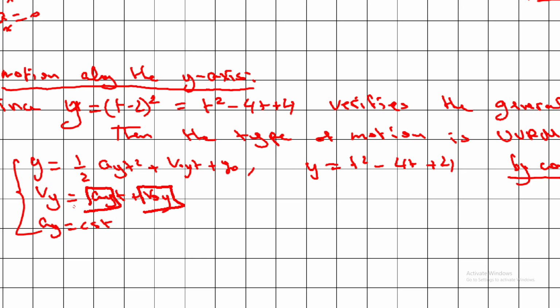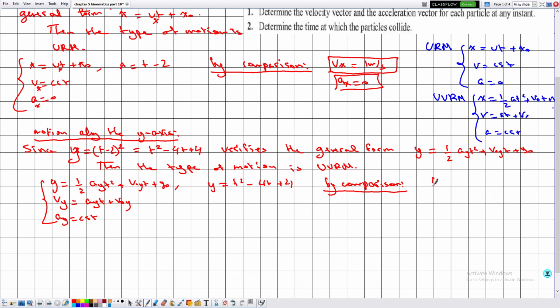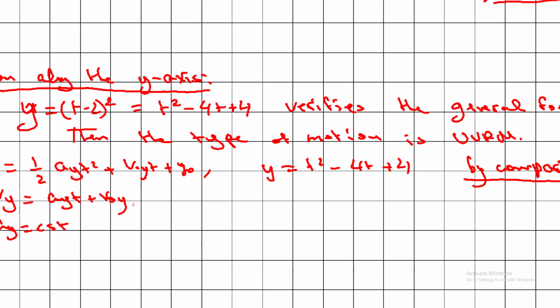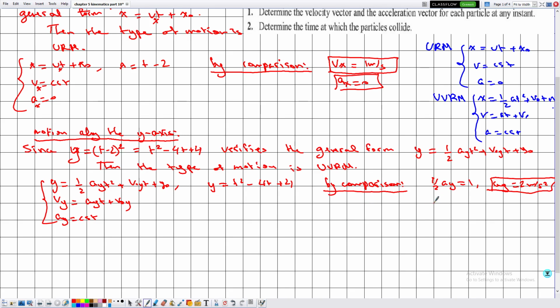Comparing quadratic terms in the position, half ay is equal to 1, which means that ay is equal to 2 meters per second squared. As for v0y, comparing the linear term, we get v0y equal to minus 4 meters per second. So the speed is vy equal to 2t minus 4, and the acceleration along the y-axis is 2 meters per second squared.